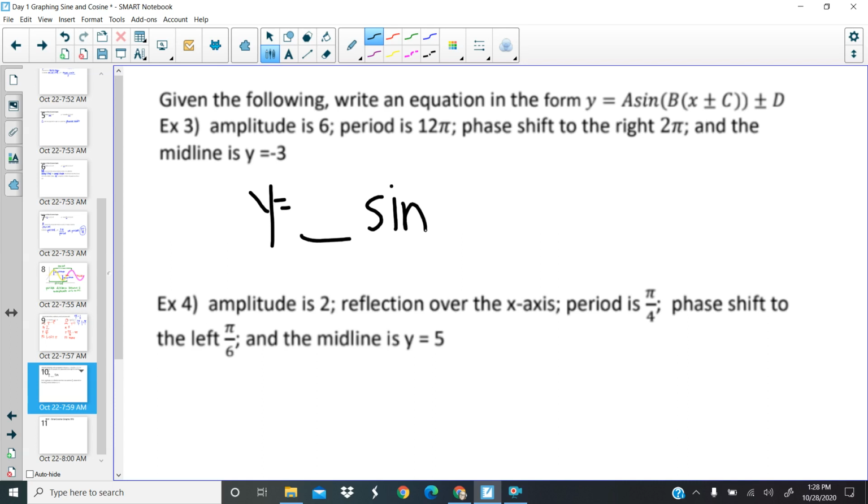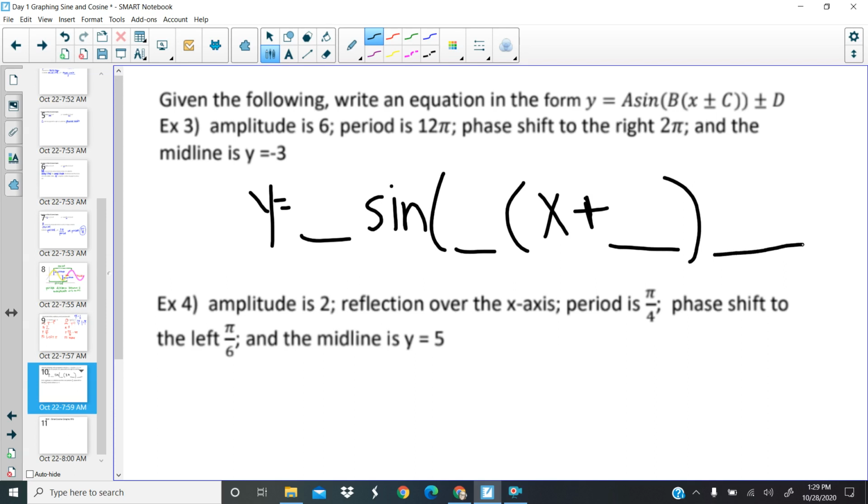It could be a cosine equation, but it's telling you to write a sine equation. So a times the sine of a blank, and then times x, and I'm going to write plus, it could be minus, but plus or minus c, and then plus or minus d. So now let's go through and start filling in the blanks.